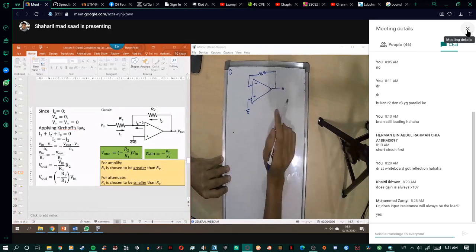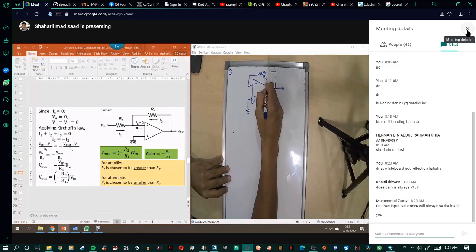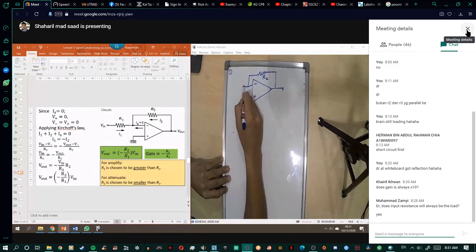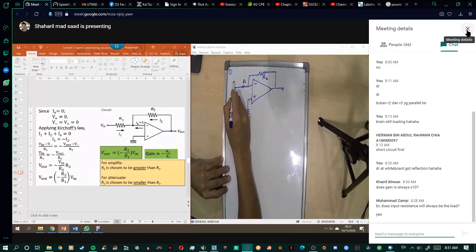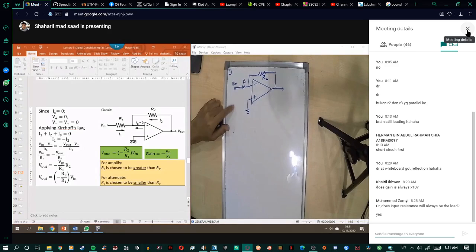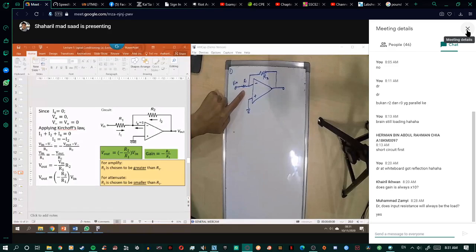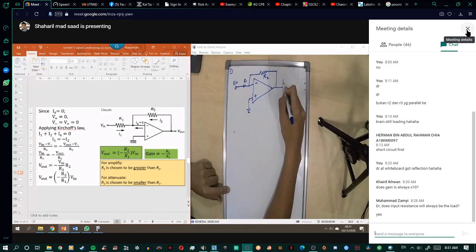This one we call the feedback resistor, let's say the symbol is R2, and then you have R1 for V in. The input resistor here we call the input impedance. Now you have V out here.